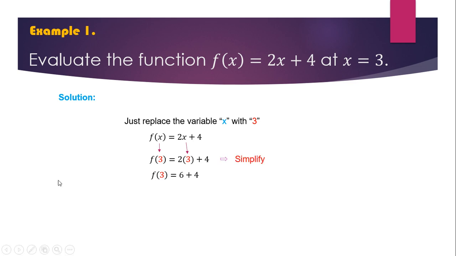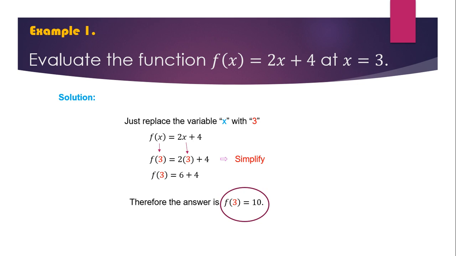So 2 times 3 is equal to 6 plus 4. So 6 plus 4 will be 10. Therefore, the answer f of 3 is equal to 10. So that is the answer in example number 1.